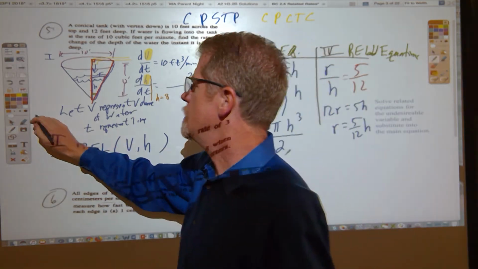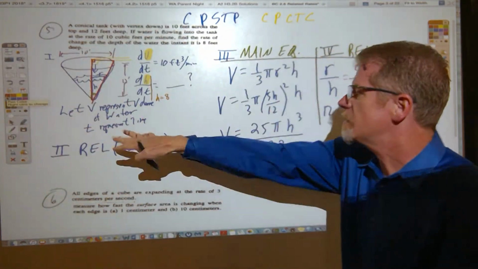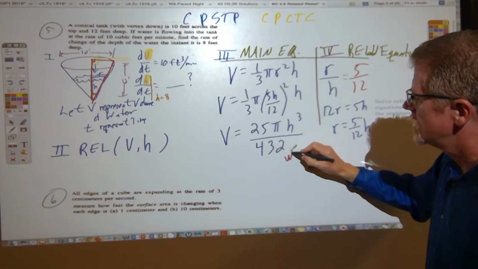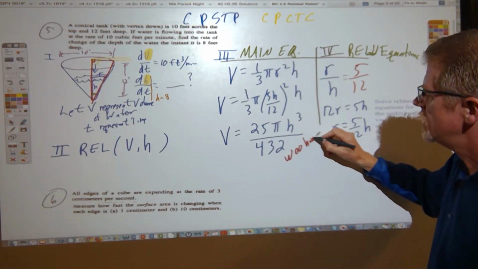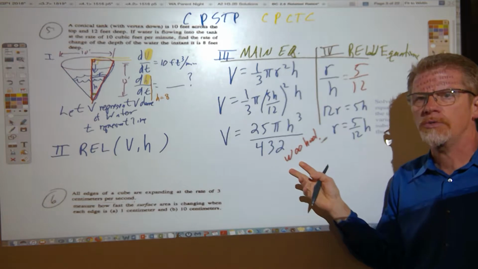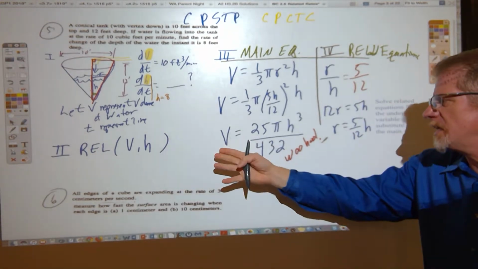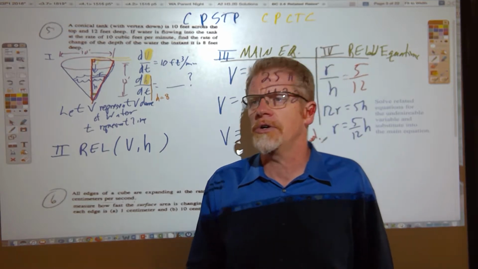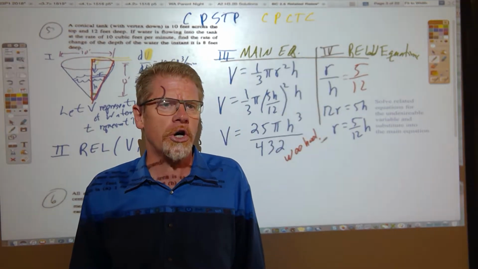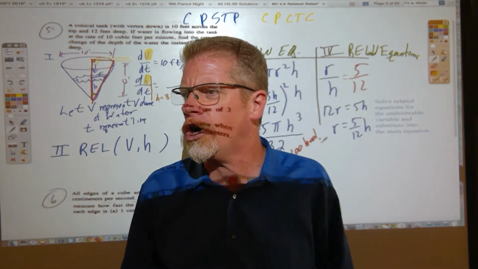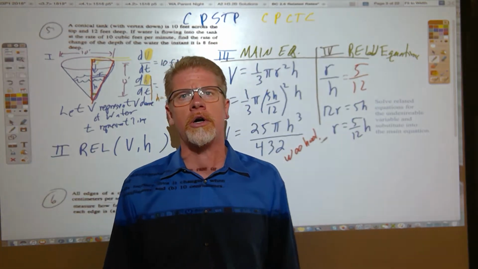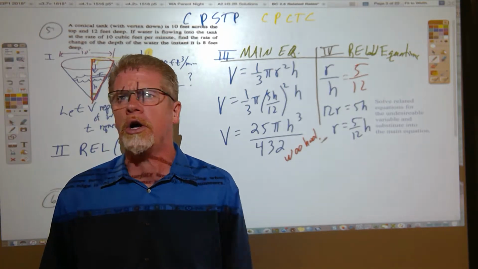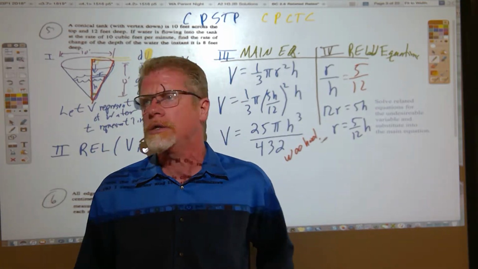The celebration is required. You see, we set our goal in Roman numeral 2, and we had to do all this work. Sometimes the celebration can be as little as, woohoo, we were looking for a relationship between V and H, and we found it. Other times, when students reach their goal, they shout out things like, goal!